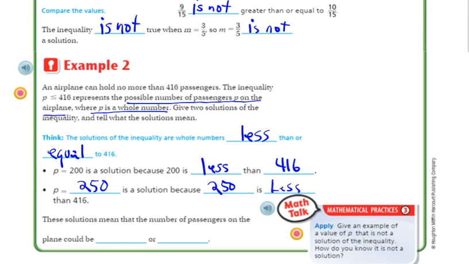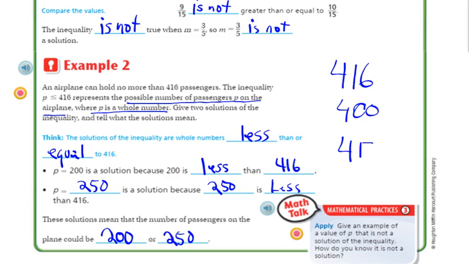These solutions mean that the number of passengers on the plane could be 200 or 250. It could also be some other value. You could have 416 passengers on that plane. You could have 400 passengers on that plane. But you could not have 417 passengers on that plane.